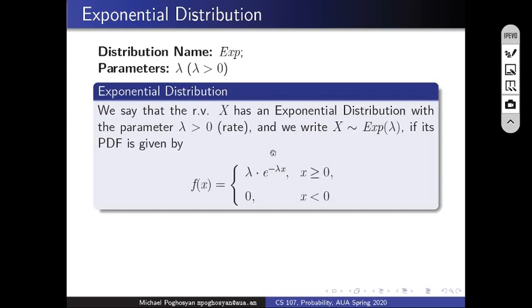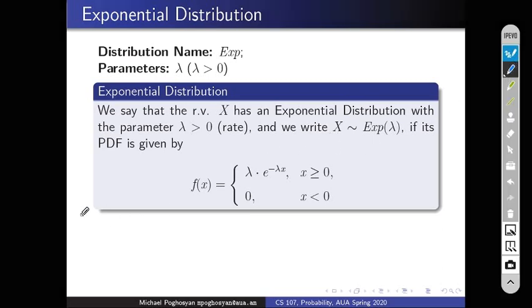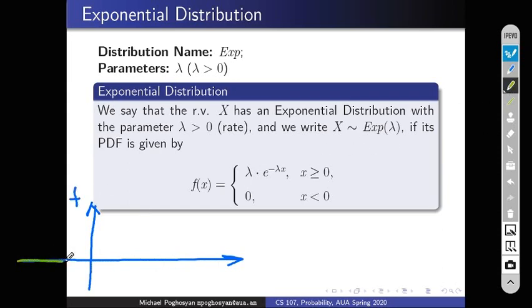So in this case, let me draw the PDF graph. We will have this kind of graph for the PDF. It is 0 up to 0, and when x is 0 we will have lambda, so it is starting from lambda and it is decreasing and tending to 0 at plus infinity.